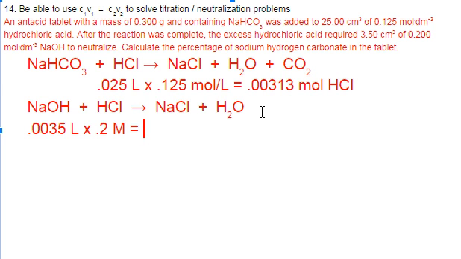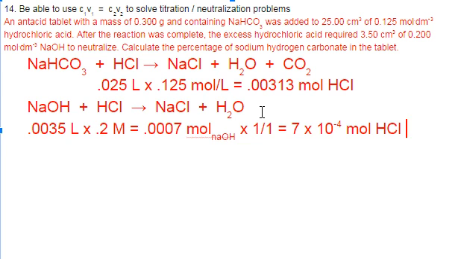Or in other words, I used 0.0007, or 7 times 10 to the minus 4th, moles of NaOH to titrate the HCl. And since there's 1 mole of HCl per 1 mole of NaOH, this is also 7 times 10 to the minus 4th moles of HCl in excess.